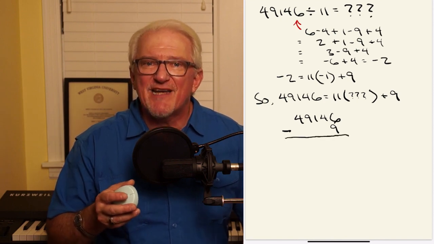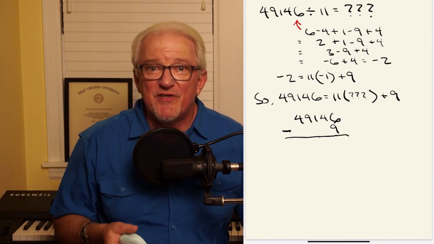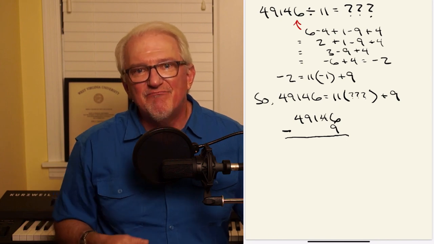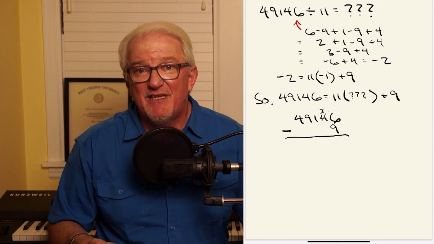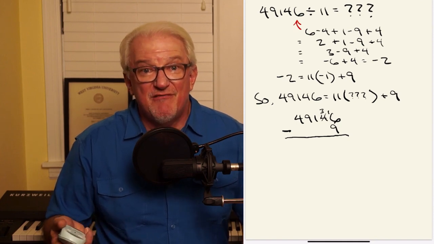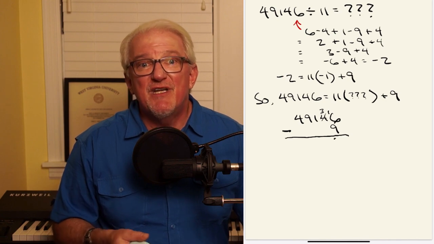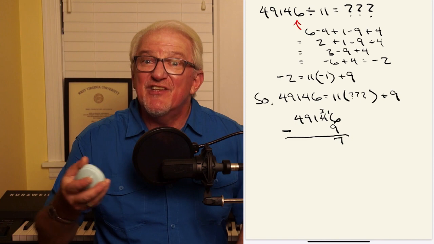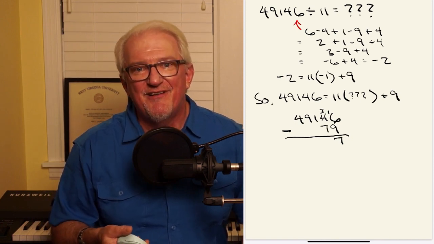We'll start by subtracting 9 from 6. Of course, 9 is greater than 6, so we'll borrow 1 from the 4 in the tens column, and then subtracting 9 from 16 gives us 7, which is the digit in the ones column of our quotient. Since our mystery number is the concatenation of our quotient and remainder, 7 is also the digit in the tens column of our mystery number.